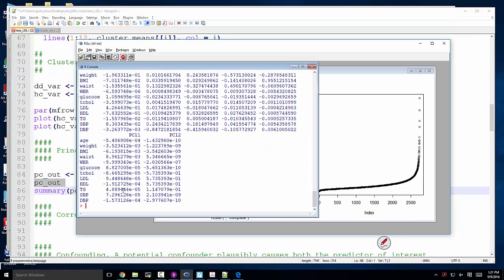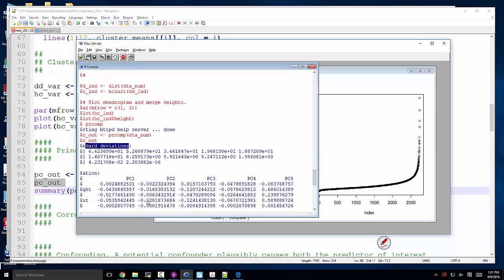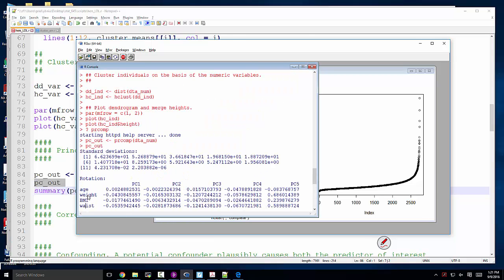Here's pc_out, just the default print. And it's got some language that we need to explain. Standard deviations are the standard deviation of each of the principal components. So the square of each of these numbers equals the eigenvalues. The square of those equal the variance of the new variable.